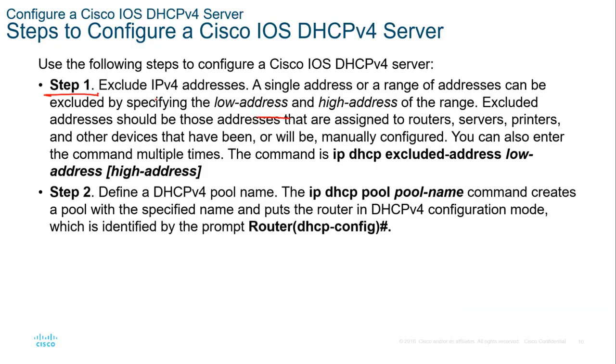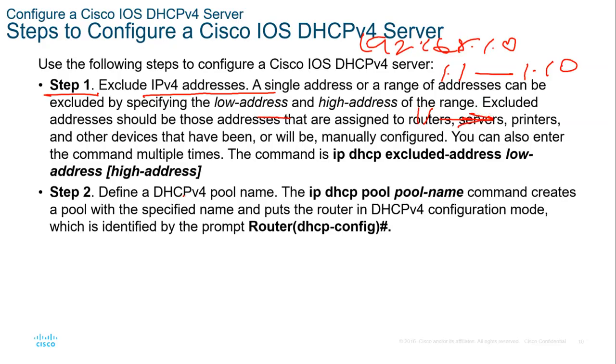Step 1, exclude IP addresses. You can specify the range of addresses that you want to reserve, maybe from 1 up to maybe 10, so that the server starts giving dynamic addresses from 11 and above.